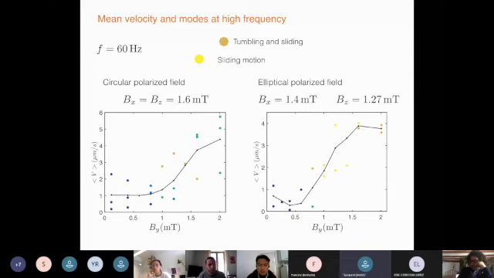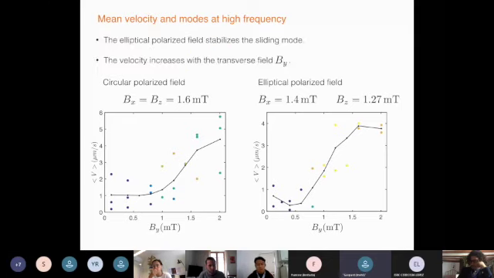For an elliptical polarized field, you also have wheel motion at weak transverse field amplitude, but this time you have the sliding mode when you increase the field amplitude. So what you can see is that you also increase the velocity when you increase the transverse field.